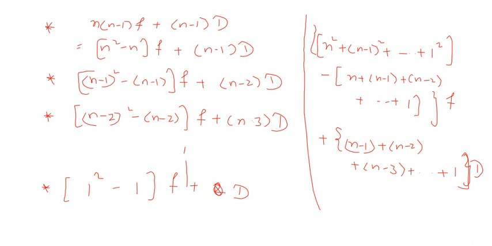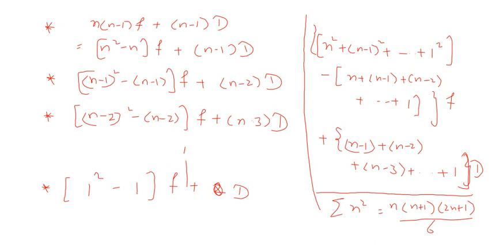If you apply the summation of n square formula, that is n into n plus 1 into 2n plus 1 by 6, and the sum of n natural numbers is n into n minus 1 by 2.